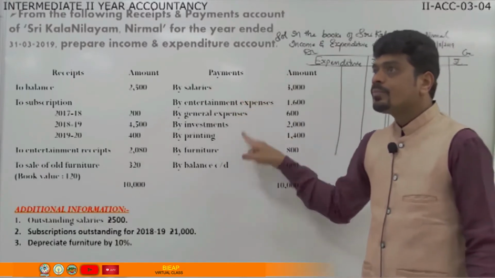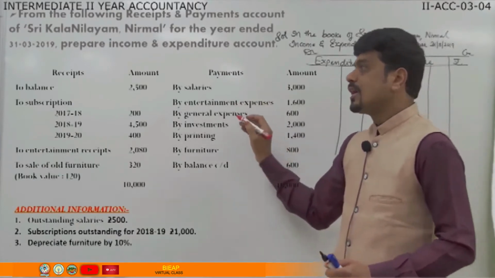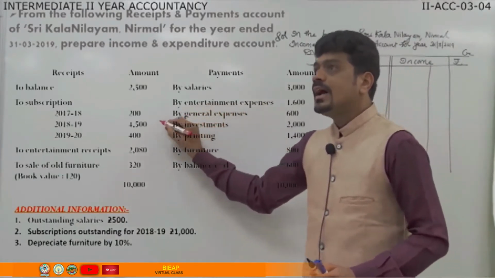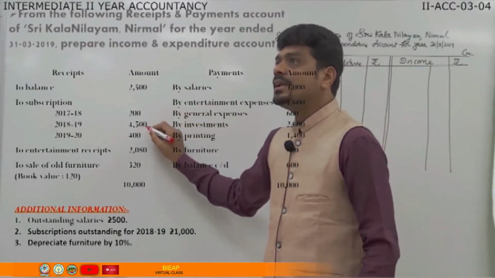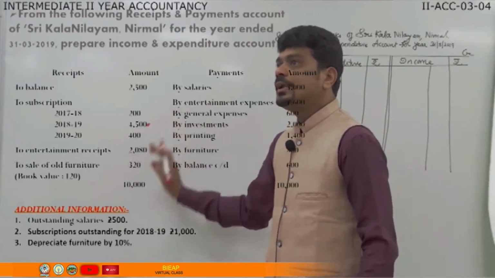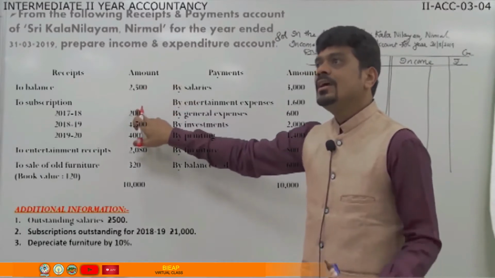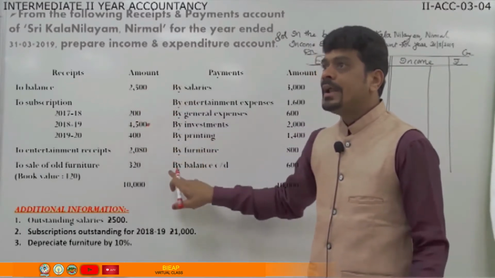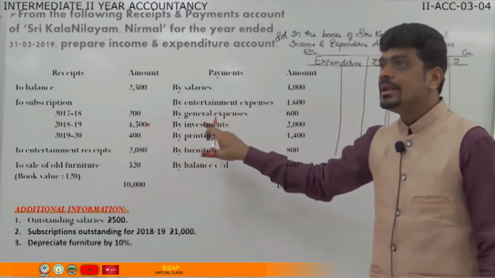Now here, when we do the income and expenditure account, we have to see which year we are preparing. We are preparing for 18 and 19. So here already we have marked adjustment and kept. So let it keep. Then sir, what to do with 2017 and 18? Ignore. What about 1920? Ignore. Will not consider.